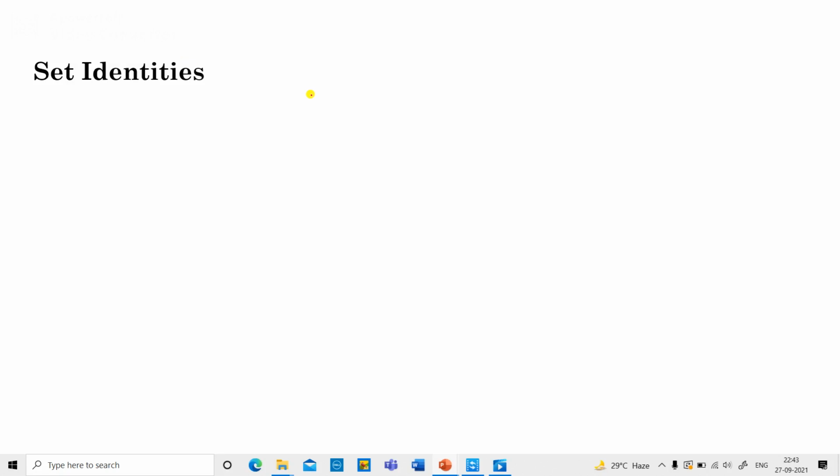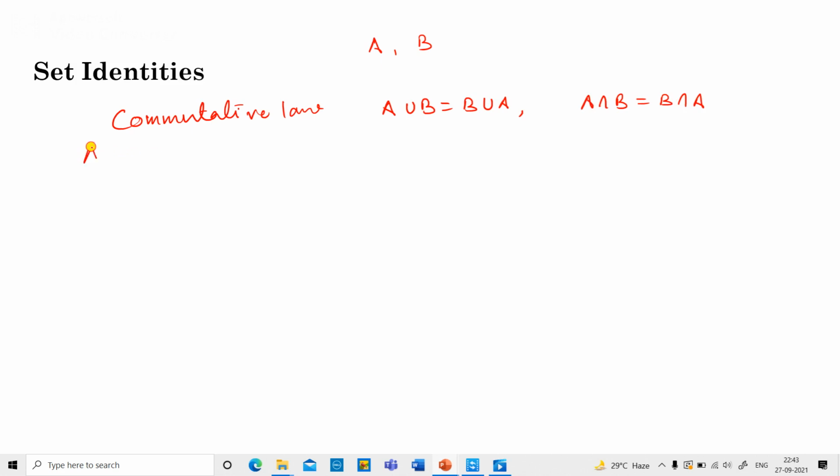Now we have set identities. These are very common laws defined for sets. For example, the commutative law: if A and B are two sets, then A union B equals B union A, and A intersection B equals B intersection A. Similarly, you can define the associative law.